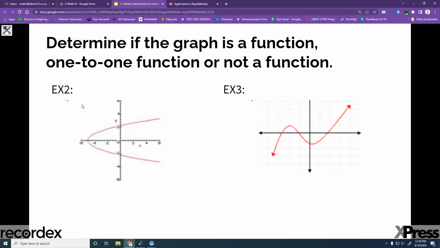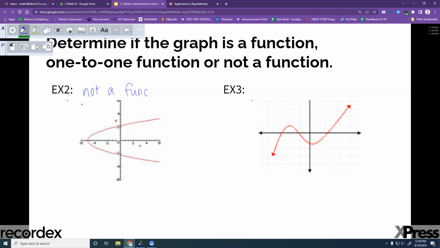So for example 2, we would have not a function. That's because a vertical line there is going to hit at 2 places on the graph. Both of those places have the same x value on that x-axis. Here this is like (-2, 2), and this is (-2, -2). That x value would be repeated whenever this is happening. So example 2 is not a function.